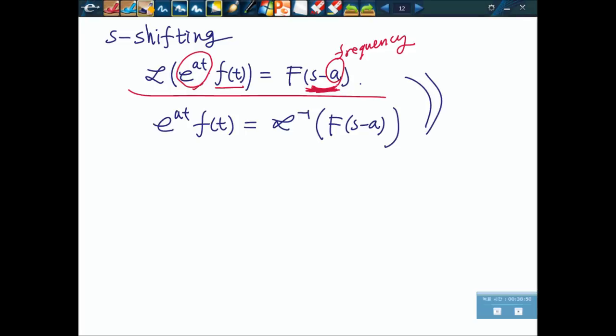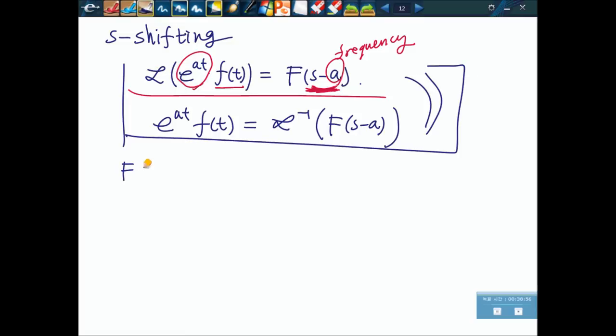Okay, so let's prove this mathematical statement. Is this really true? F of s minus a is, from the definition, the integral from 0 to infinity of e to the minus (s minus a)t times f dt. If you need a proof, you have to go to the definition, and then you'll know everything.